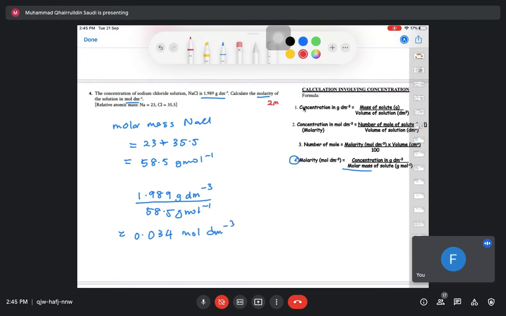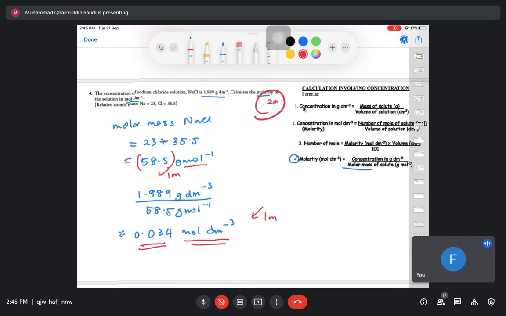This one is 1 mark. No unit, it's okay. But this final answer must have unit with correct numbers, 1 mark. Total is 2 marks. Next one, number 5.